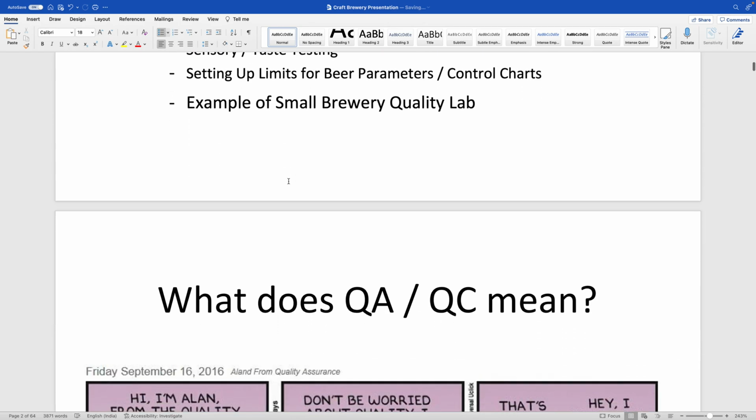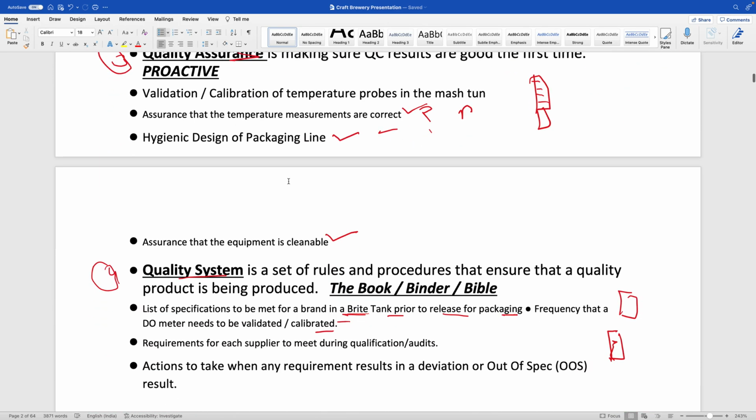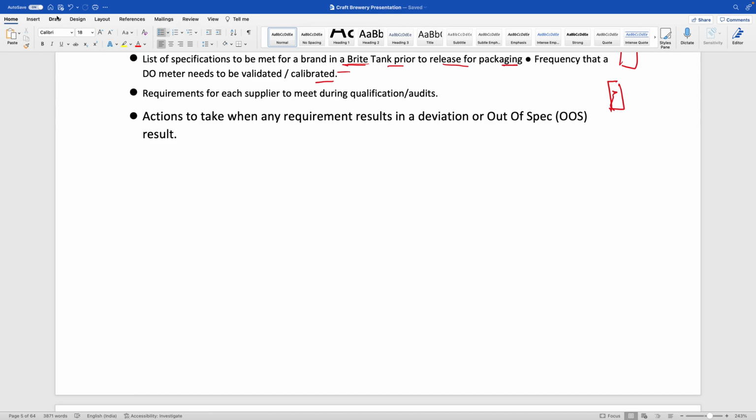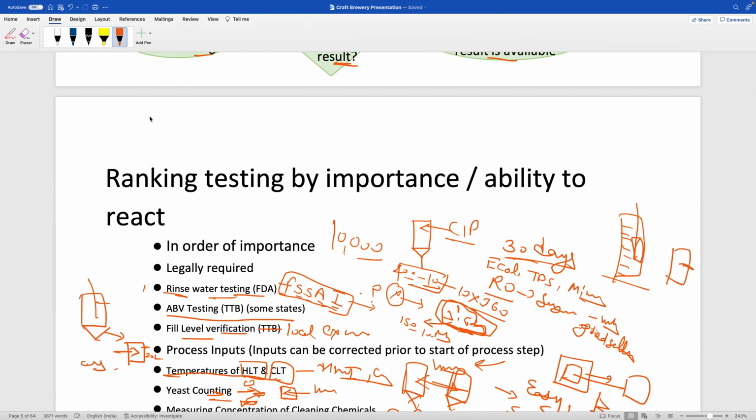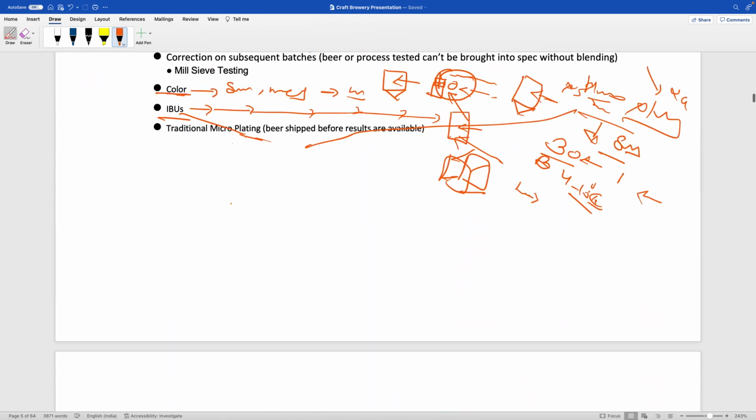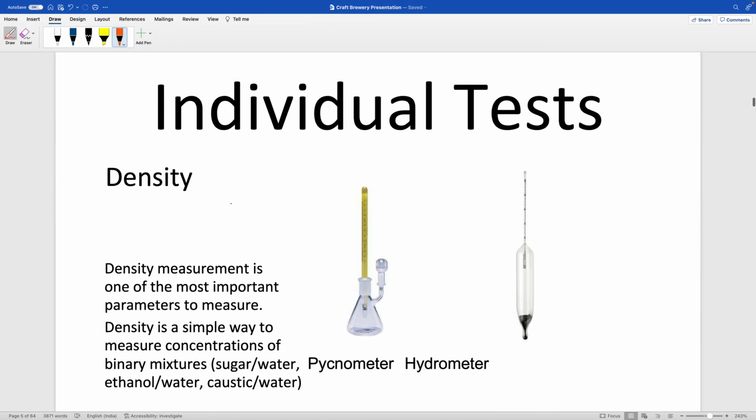So quickly going to the session. First is the density. So this is our first.